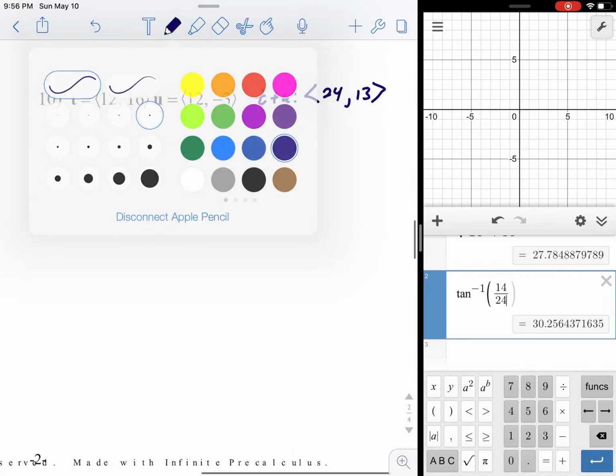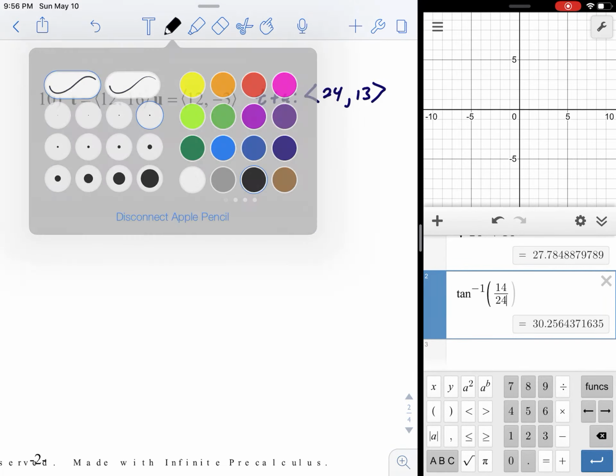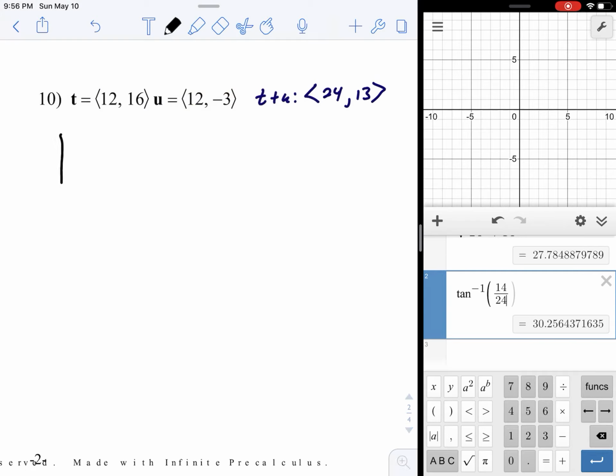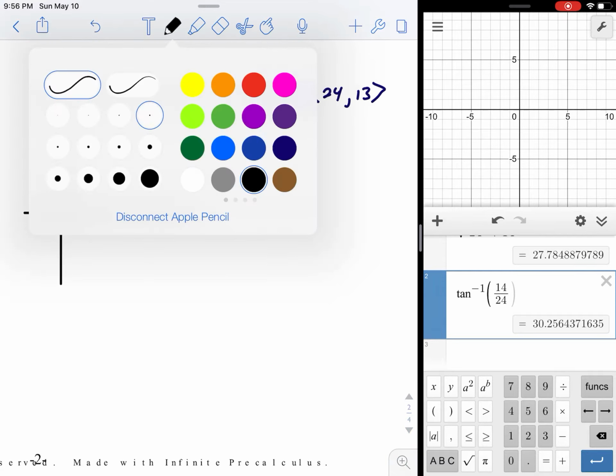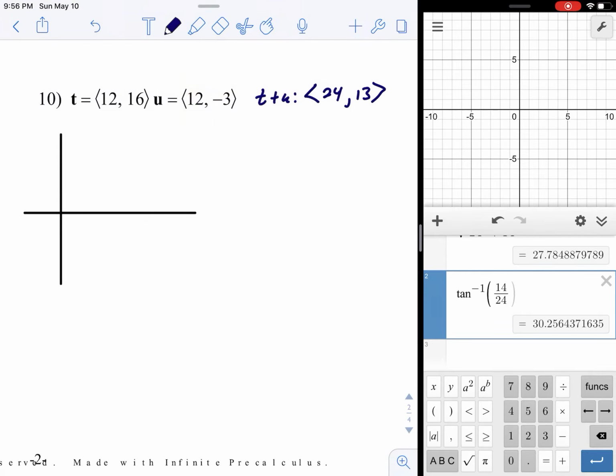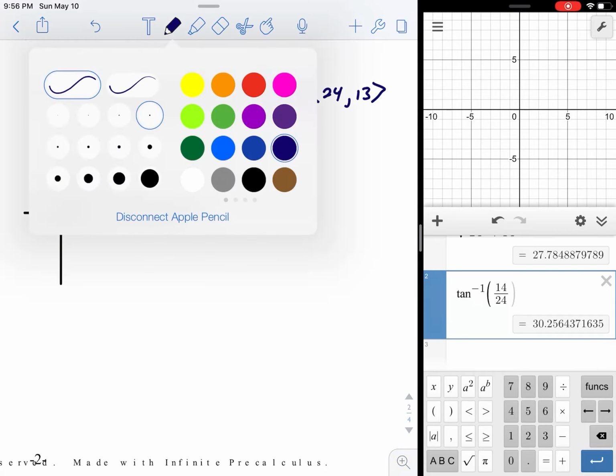Oh well, sometimes you get a lucky break where two problems are almost the same. So here's my y-axis, here's my x-axis. Do this in blue. 12, 16, over 12 up 16, let's say takes me to right about there-ish.